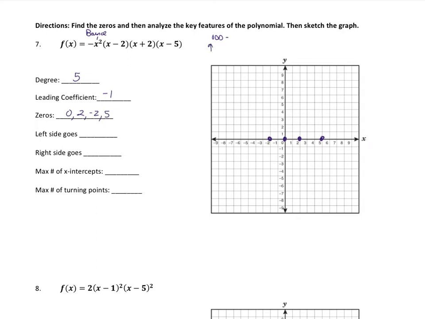So that means that the arrows are going to go up to the left and down to the right. So the left side goes up, the right side goes down. The degree equals the maximum number of x-intercepts, so that's 5, and the maximum number of turning points is 1 less than that. So I marked on the graph that to the left it's going to go up, to the right it's going to go down.